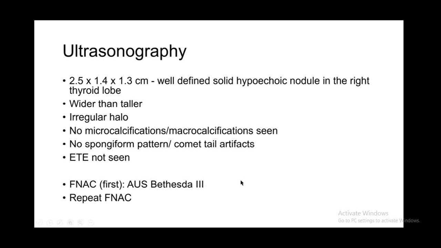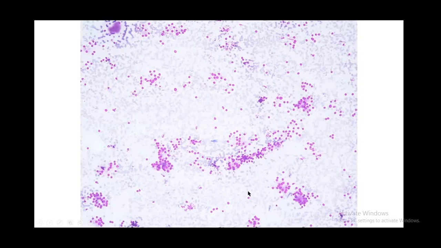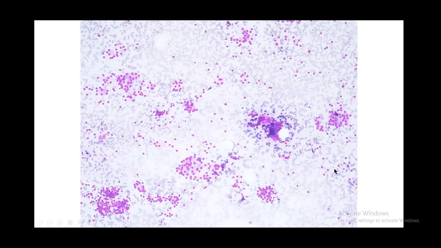The first FNAC which was done was atypia of uncertain significance, Bethesda category 3. A repeat FNAC was performed, and the smears again were cellular, and they showed many singly scattered cells. There were very few clusters, and here at this low magnification, microfollicular architecture was identified.